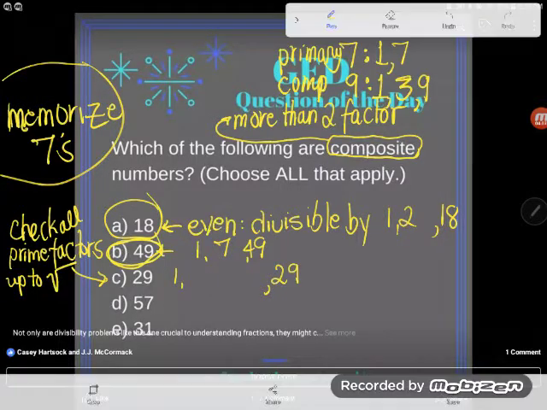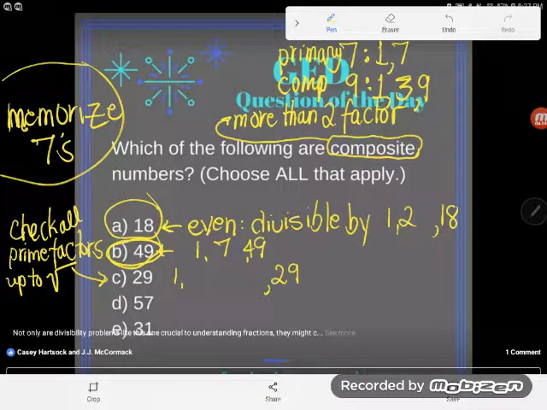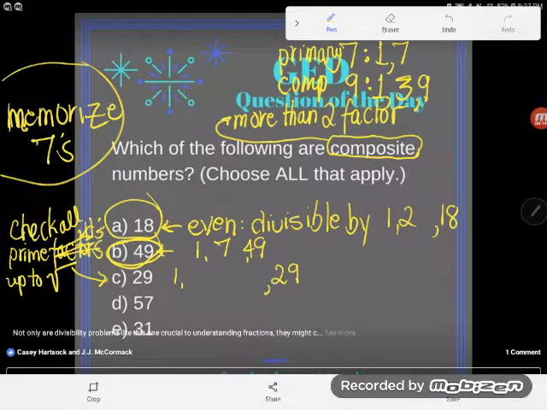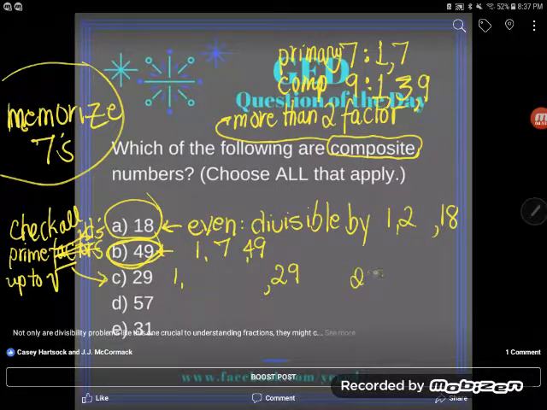So we're going to check all the prime numbers up to the square root of 29 in order to see if they're factors. Of course, the square root of 29 would be somewhere between 5 and 6, since the square root of 25 is 5 and the square root of 36 is 6. So I really only have to check 2, 3, and 5.